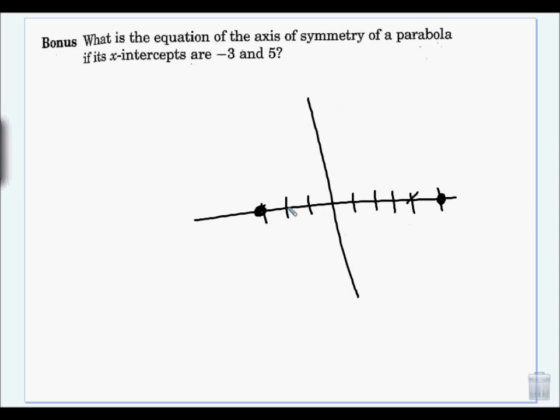So I start counting in. Here's my axis of symmetry line. X equals 1. Does that make sense? Because it's going to be halfway between the points. So you just find out what's halfway between -3 and 5? 1.